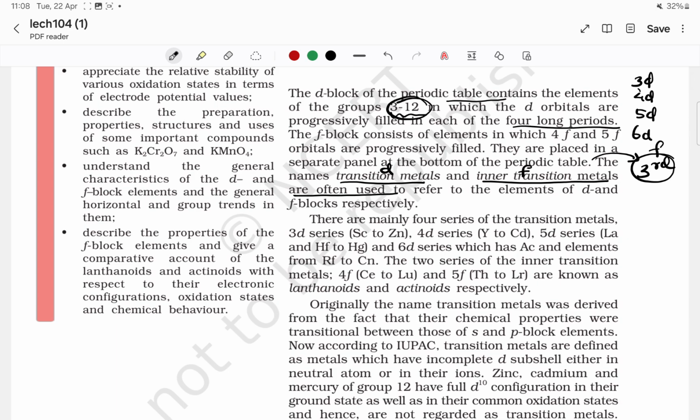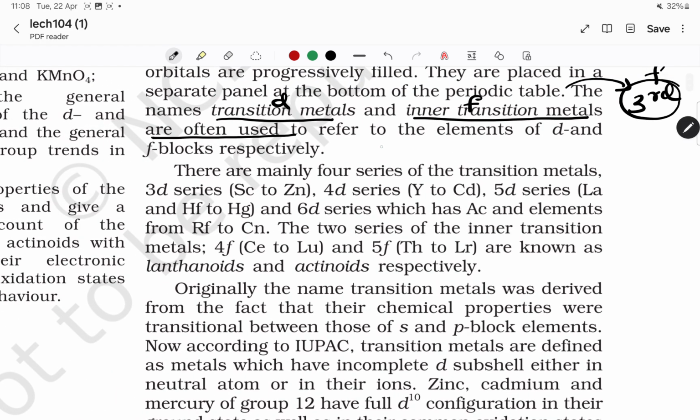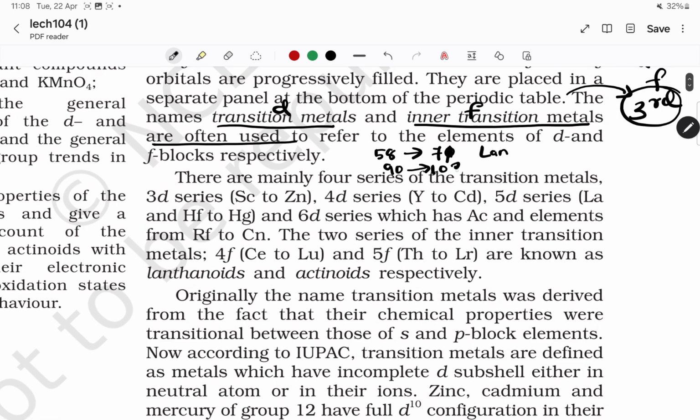F block elements are from 58 to 71, that is lanthanides, and from 90 to 103.